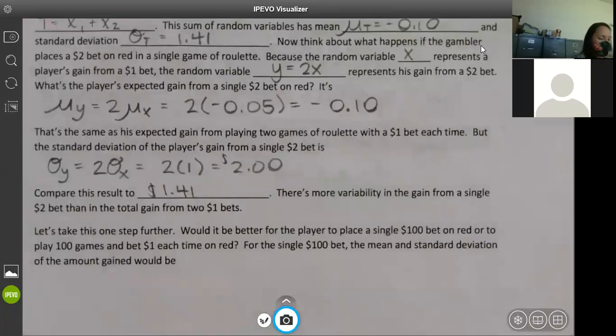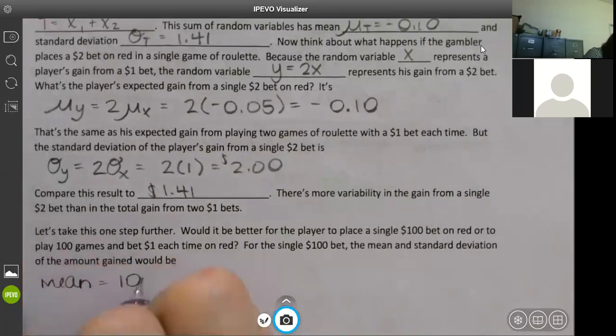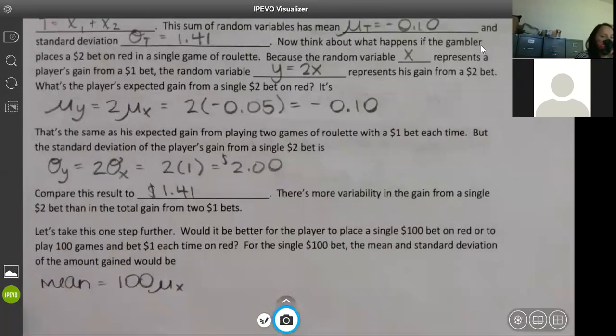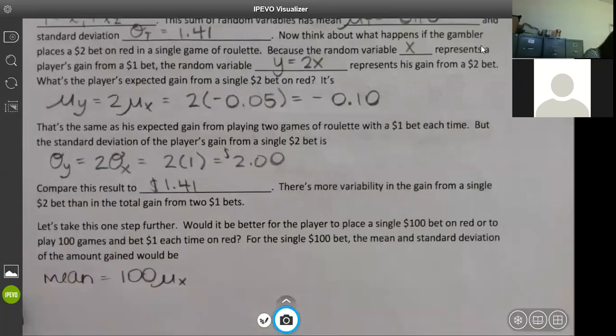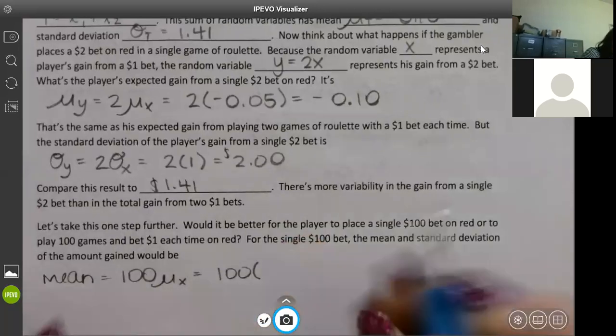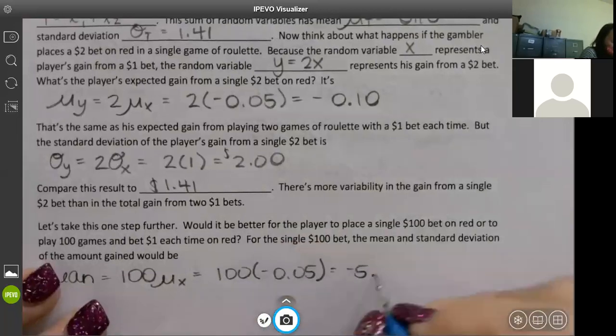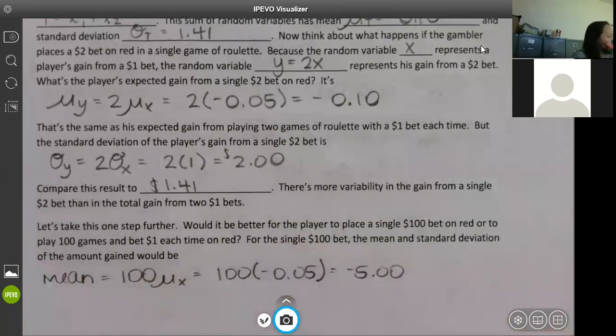Would it be better to place a single $100 bet on red, or to play 100 games and bet $1 each time on red? For the single $100 bet, the mean and standard deviation of the amount gained would be, so the mean would be 100 times the mean of X, or 100 times -5 cents, which will be -$5.